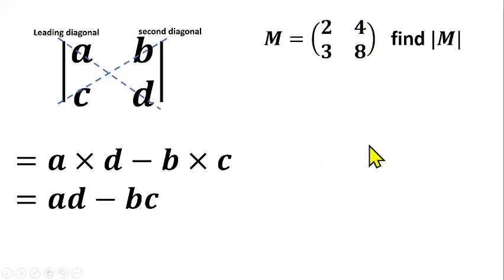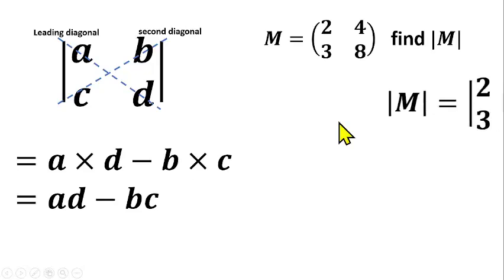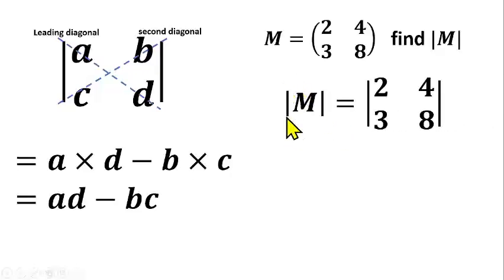So if you do that, what do we have? It means that the determinant of matrix M is equal to these two straight lines, then you put the elements inside, then cross multiply: 2 multiplied by 8, minus 4 multiplied by 3. This will multiply this, and this will multiply this, and you subtract them.